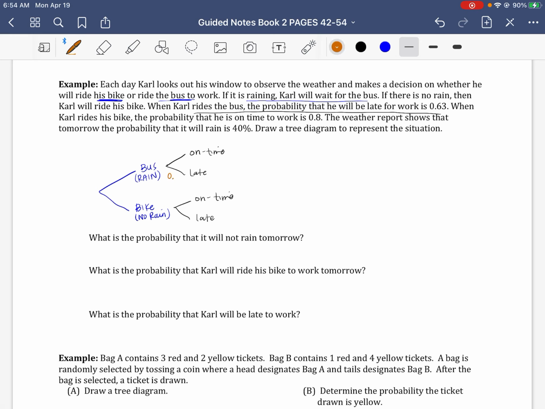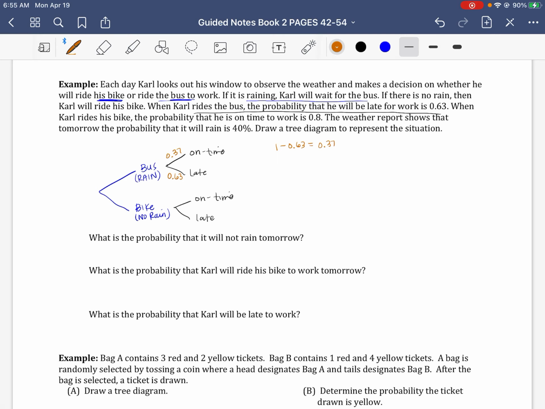So we're going to put 0.63 now. Now, if the probability he's late is 0.63, then on time is the rest of the time for this event. So again, remember, we just do 1 or 100% minus the 0.63. And so the rest of the time would mean 0.37 or 37%. So we want to put that on there.